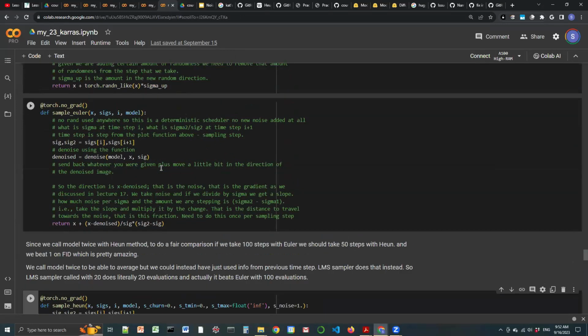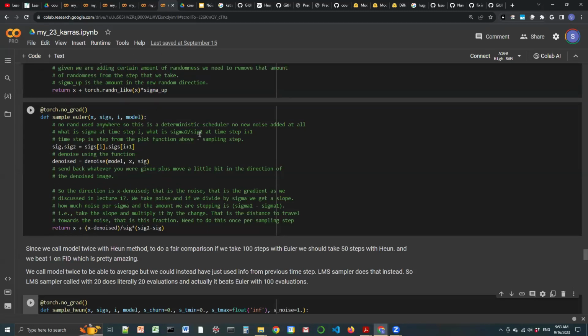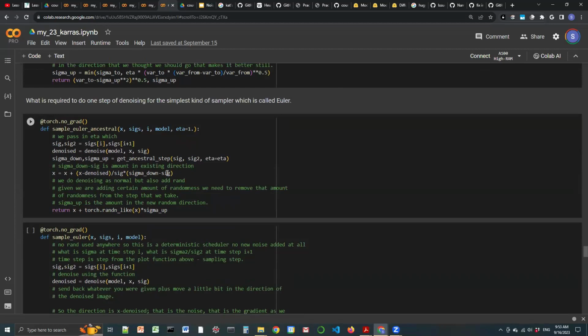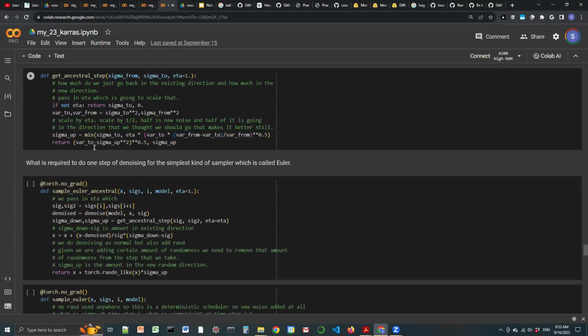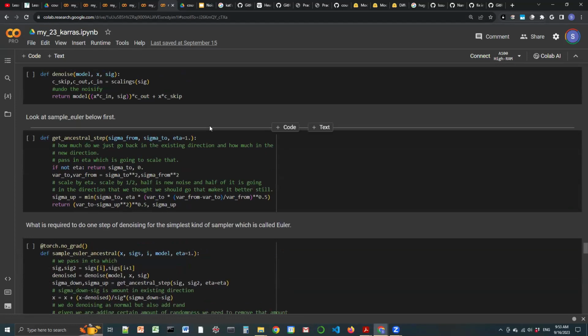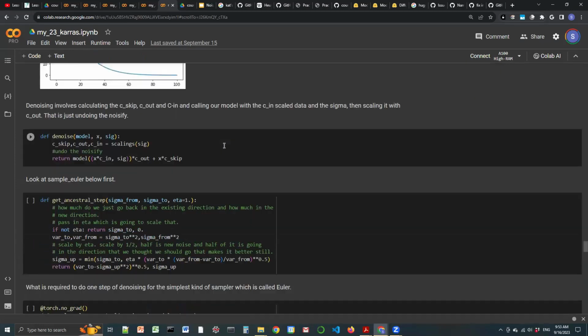But the interesting thing is you can completely separate or orthogonalize the sampling from the way in which you have implemented the training process. The training process is where you use the scaling, C-step, C-skip, C in, C out, and scaled it from -1 to 1, and then completely use variations in the sampling process.